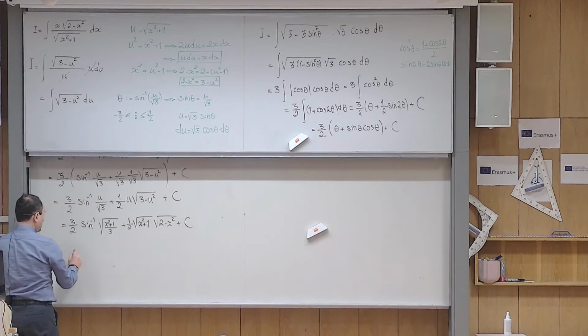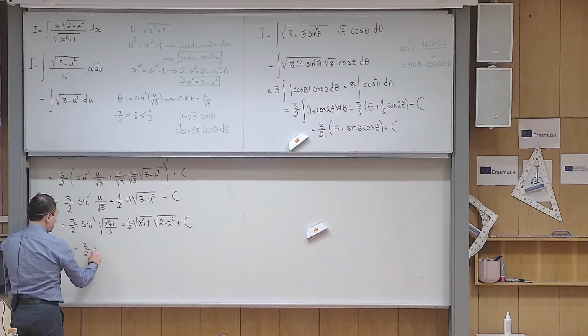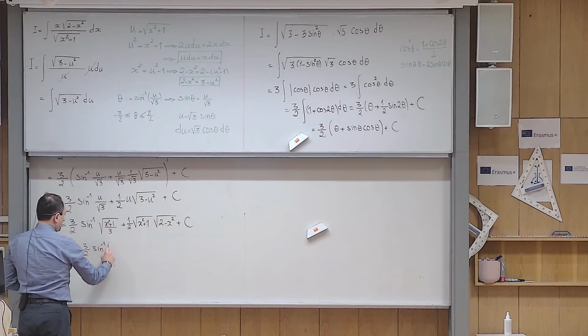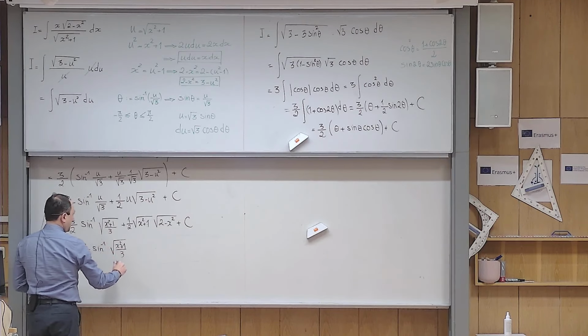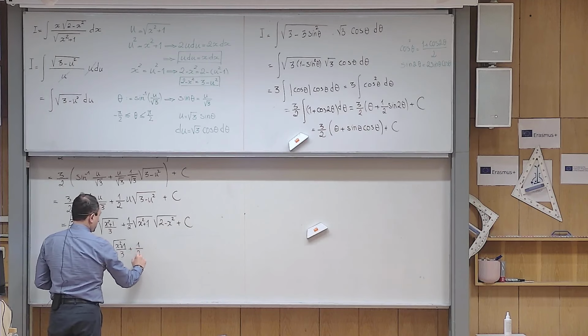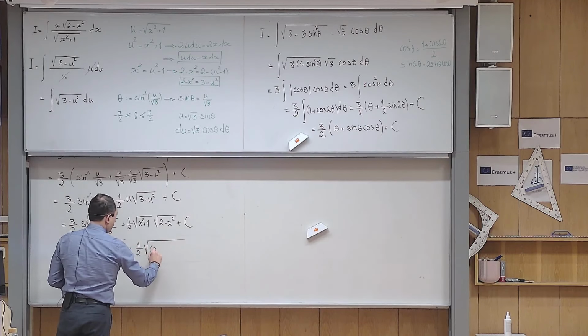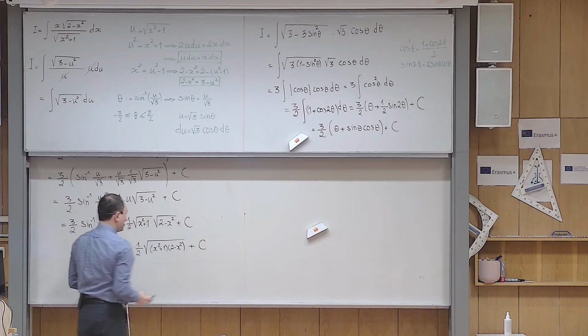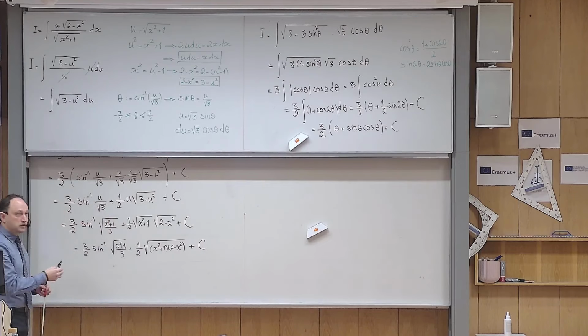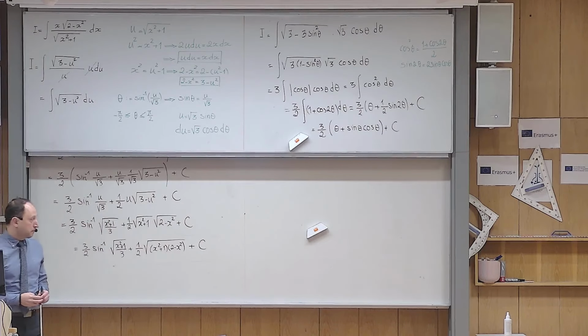So this becomes equal to 3/2 sine inverse of square root of x squared plus 1 over 3, and then plus 1/2 square root of x squared plus 1 times 2 minus x squared, and finally a constant c. And that is the answer that we are supposed to get.